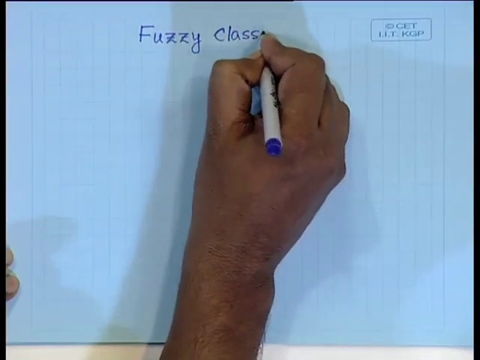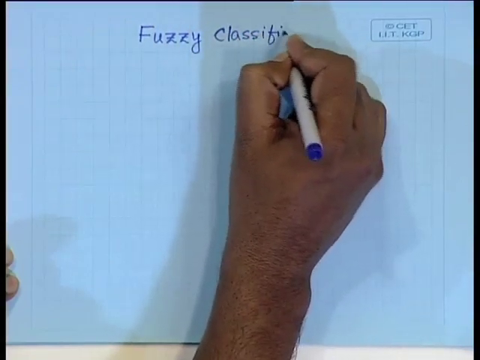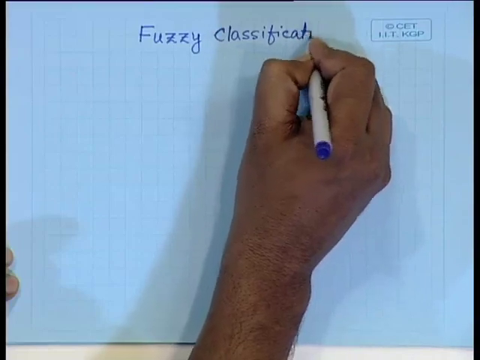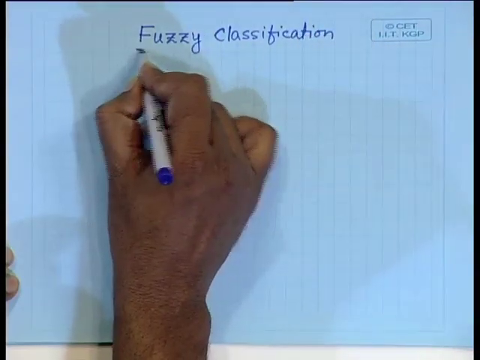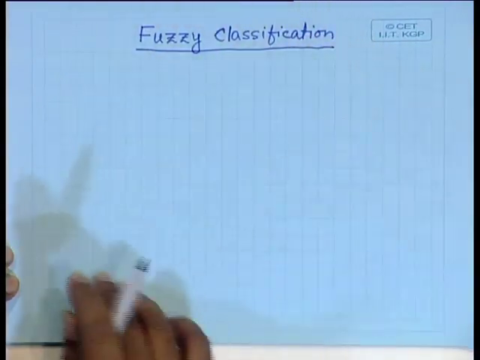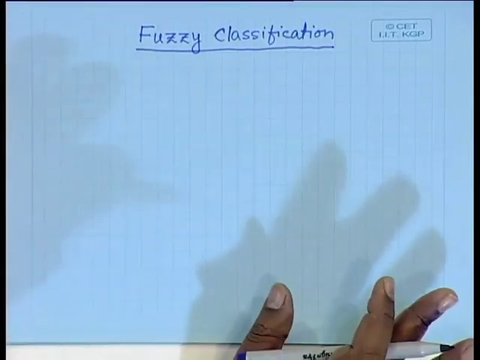I will not go into the details of fuzzy theory, but I will just introduce the concept of fuzziness and how this fuzziness can be combined along with our hyperbox concept, so that we can have a definition of fuzzy hyperbox or fuzzy hyperbox set.